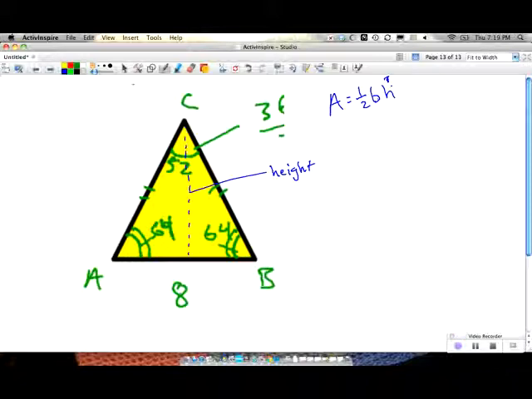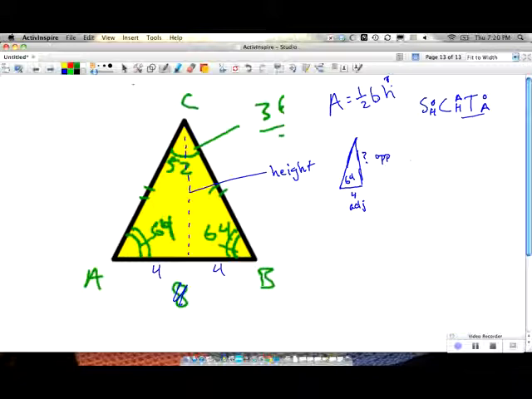If you think back to what we've been working on this whole time, it looks like I have the adjacent and the opposite sides. So I'm going to use tangent. That means tangent of 64 equals the opposite, the question mark, over 4. So to solve this for the question mark, I'm going to multiply both sides by 4. That gives me 4 tangent 64 equals the question mark.